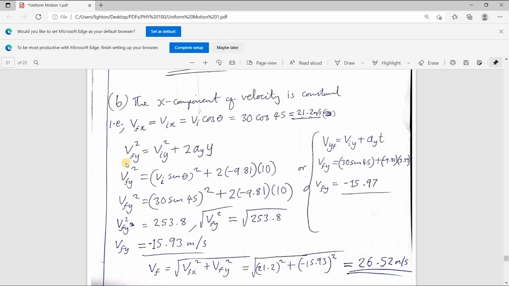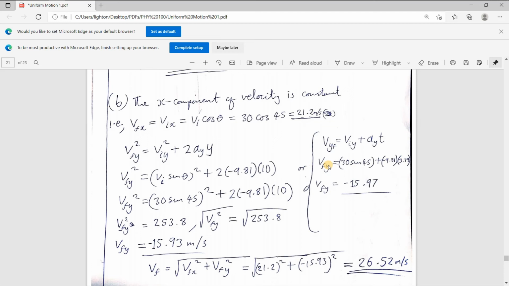And we can either use this formula, vfy squared must be equal to viy squared plus 2ay times y, or we can use vy final is equal to viy plus ayt, but I'll go for the simpler method here, which is vy final must be equal to viy initial plus ayt.